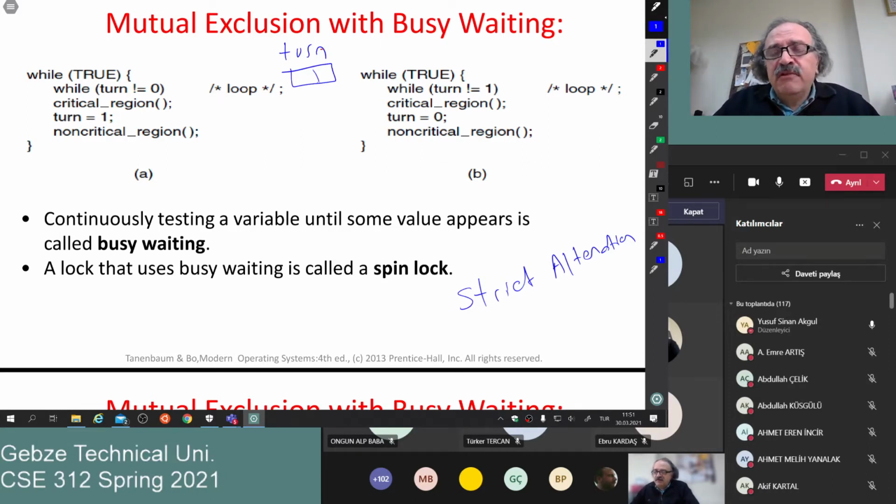So the strict alternation is good, but there is a problem with it. What is the problem? So what is the problem with the strict alternation? What is the problem with this picture? There is no race condition, I know that.